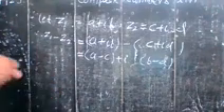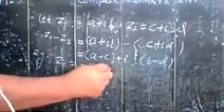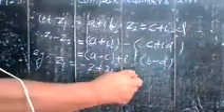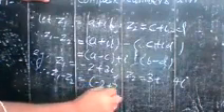For example, suppose you have a complex number Z1 is equal to minus 2 plus 3i, and Z2 is equal to 3 plus 4i, and you want to find the value of Z1 minus Z2. So Z1 minus Z2 can be written as minus 2 plus 3i minus 3 plus 4i.